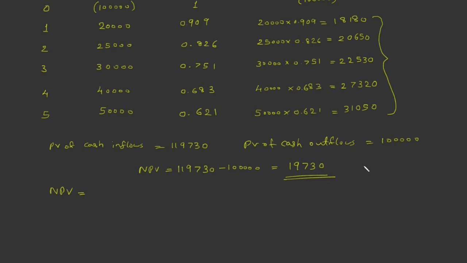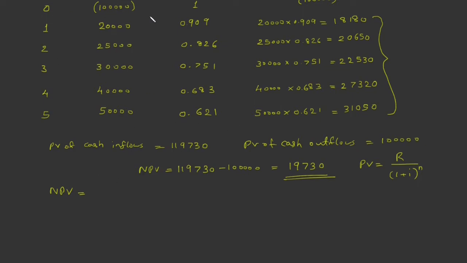We know the formula for calculating present value is present value is equal to R by (1 plus i) the whole raised to n, where R is the future cash flow, i is the discount rate and n is the number of years or periods. So applying this formula to these values, we are going to calculate NPV.